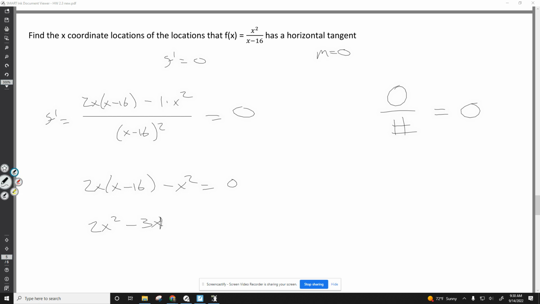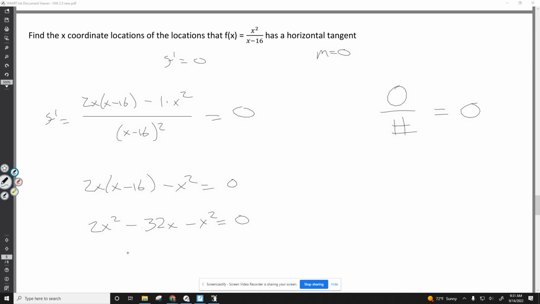I missed, my face is gone. 2x squared. I think I figured out how to bring my face back. I'll bring it back in a second. So I distributed the 2x squared to the x and the 2x to the -16.